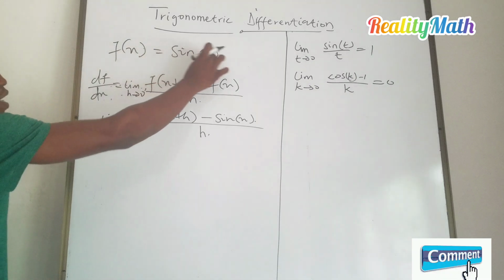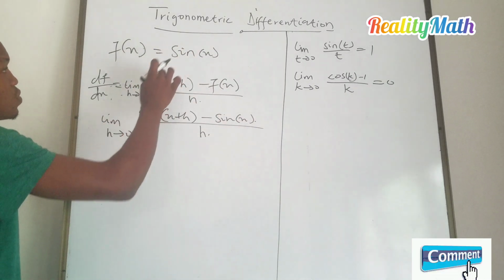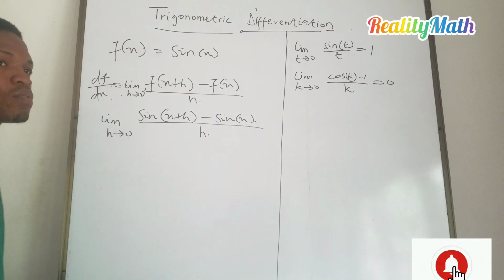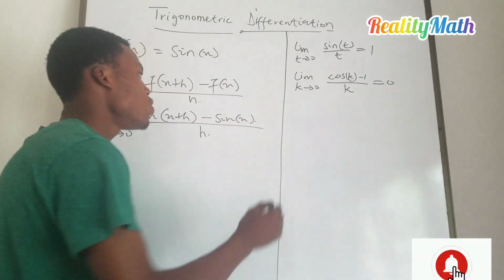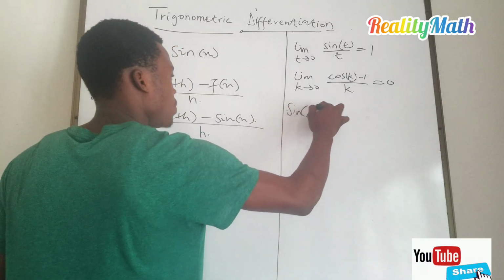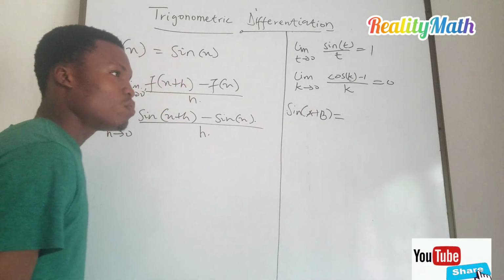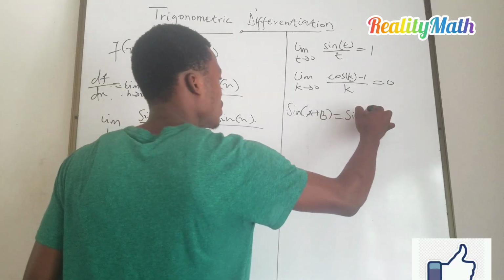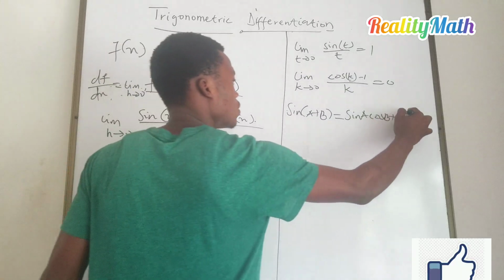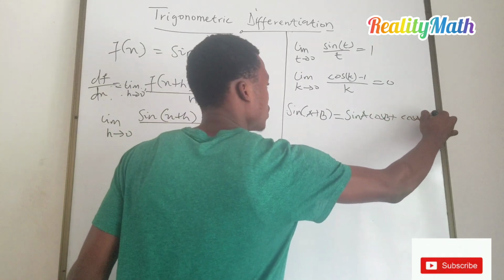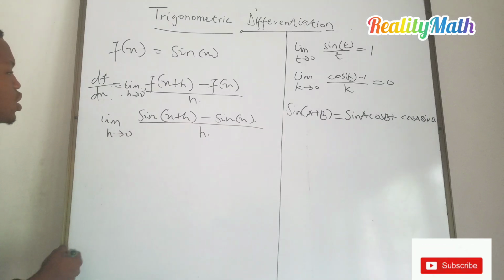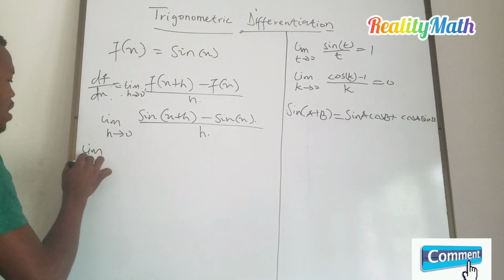We know from trig identities that sine of a plus b gives you sine a cos b plus cos a sine b.